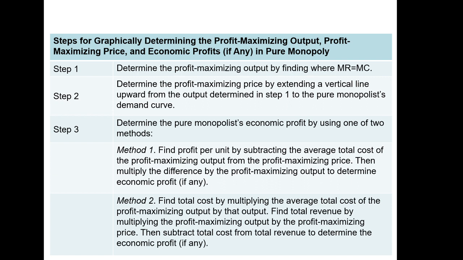Determine the economic profit for a pure monopolist, we're focusing on monopolists here, by using one of 2 methods. Okay, I can do 6 times 5 is 30. That's my revenue. 3 times 5 is my total cost, which means my profit is $15. Or I can do 6 minus 3 is 3 times 5 is 15.